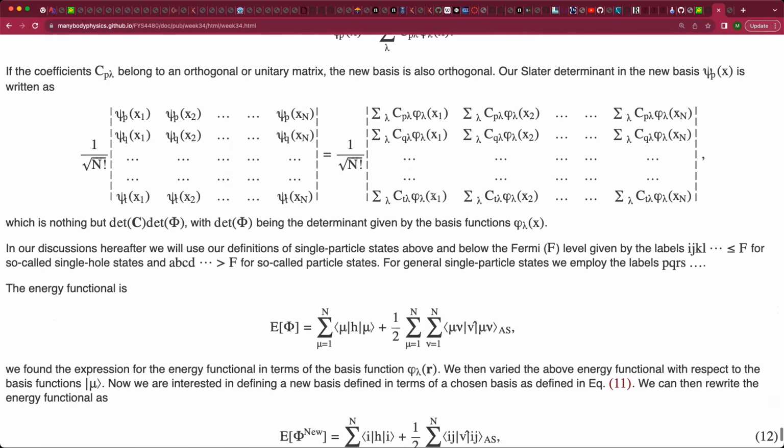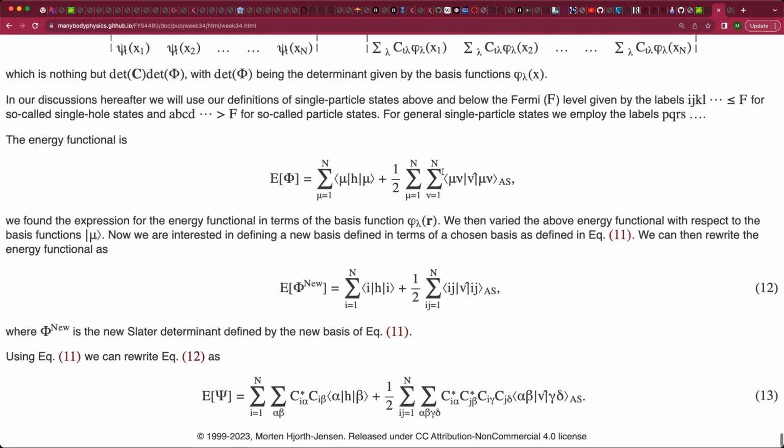And the nice thing is that the Slater determinants which we get from that orthogonal basis will also form an orthogonal basis. And this is something you will play around with in the exercises. And then this expression which you see here is something which we will now use to derive the Hartree-Fock equations.